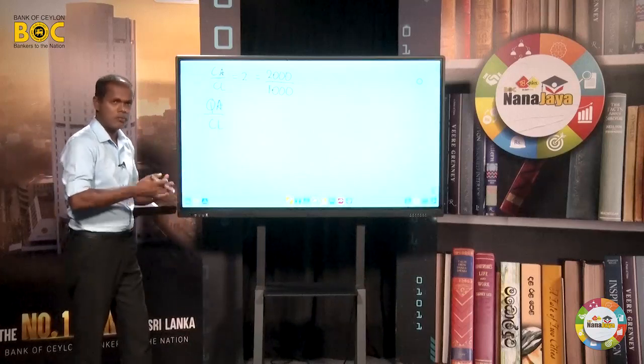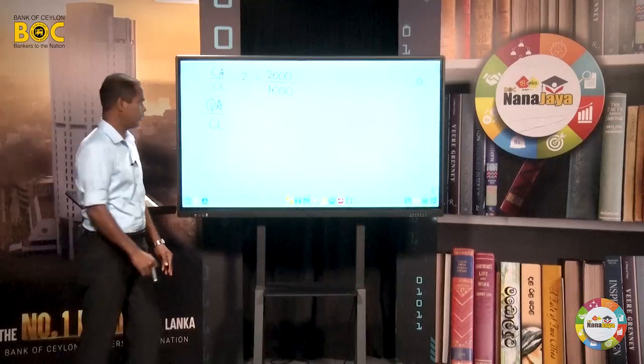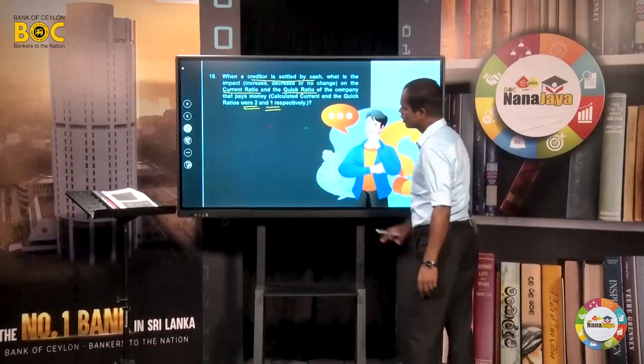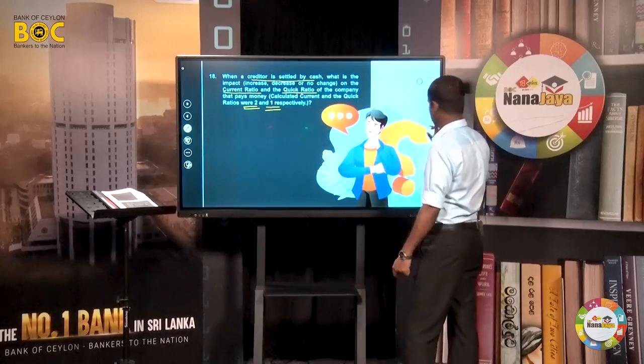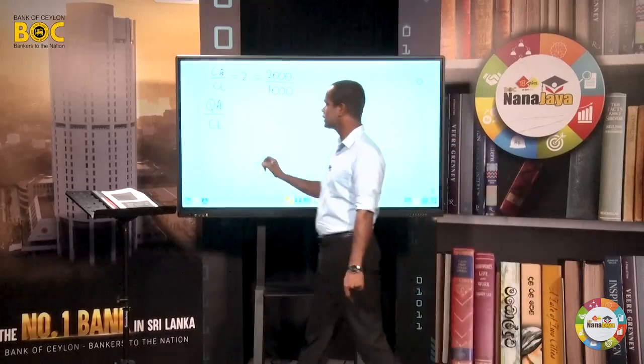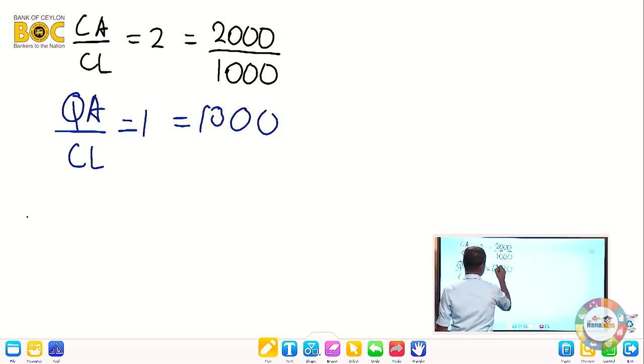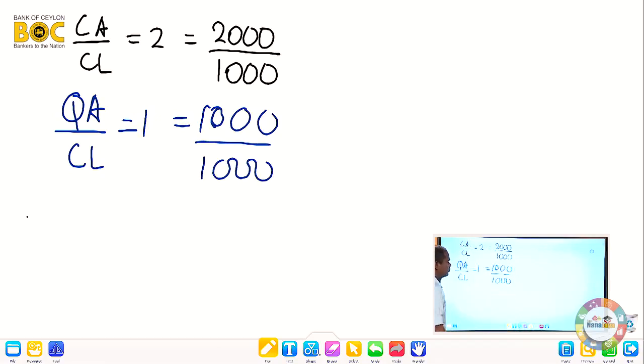Inventories and prepayments you exclude from current assets. The quick ratio is 1, so quick assets and current liabilities are both 1000.